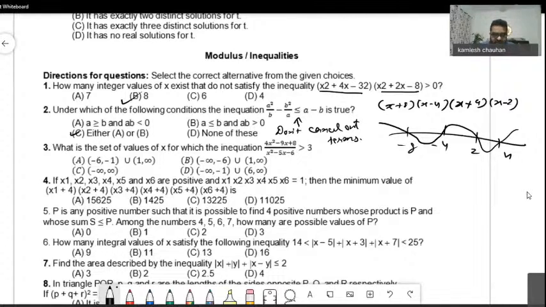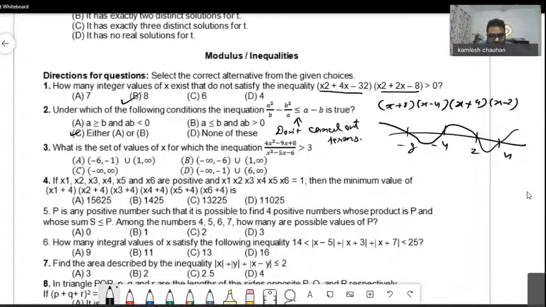That is very important. Which is the set of values of x for which this equation is true? The best way to do it is to put values to find it. Here we are given minus 6 to minus 1, 1 to infinity, and option C is infinity to infinity.